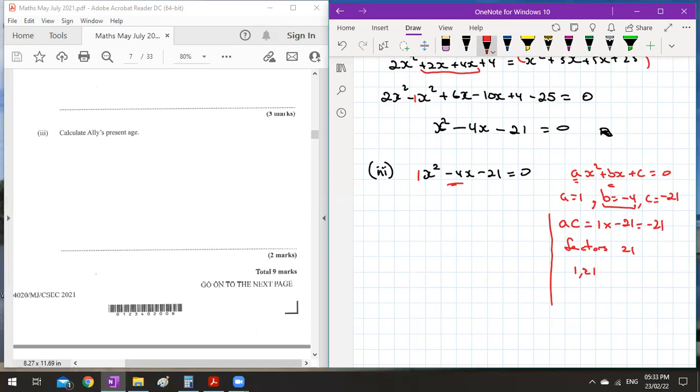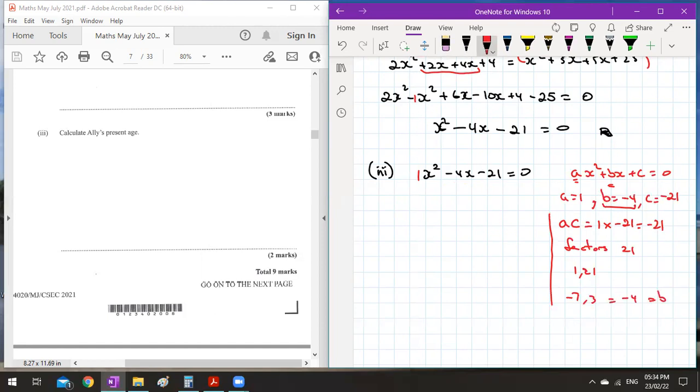We have 3 and 7. Now if you add them, you get 10. But if 3 is positive and 7 is negative and we add them, we'll get negative 4, which is equal to b. We want the larger number to be negative, so negative 7 and 3.